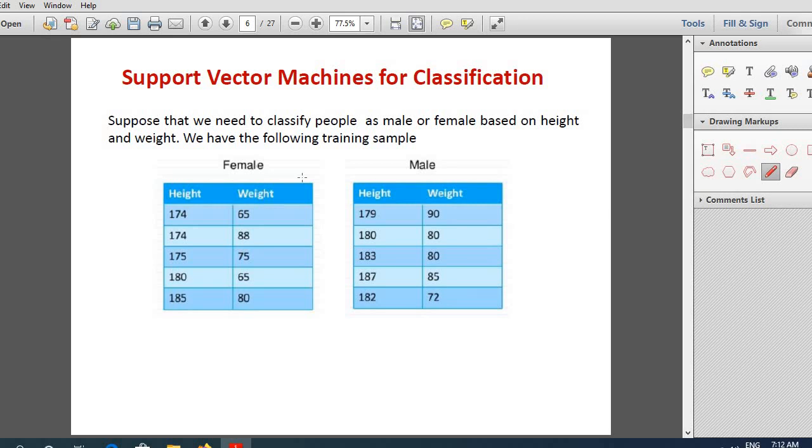For example, we can see how we do support vector machine classification. Suppose that we have a set of data of males and females based on height and weight. We need to classify people as male or female based on height and weight. We have these training samples. For females, we have a set of height and weight data. For males, we have another set of height and weight data.